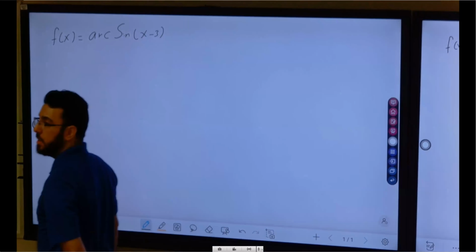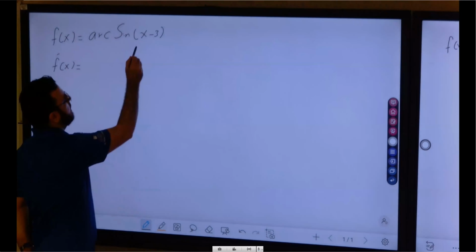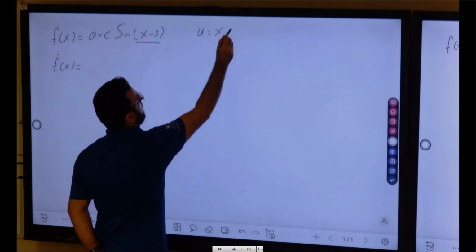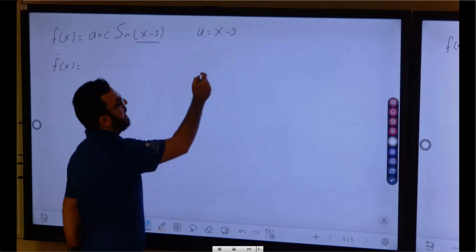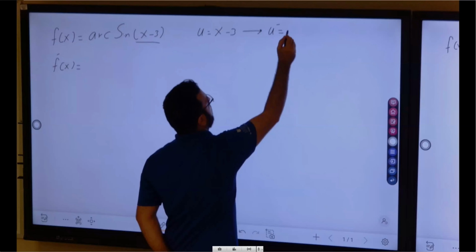The function is arc sine of x minus 3. We need to find the derivative, so f prime of x equals... First of all, here is the u, equal to x minus 3. You can find u prime, which is 1.